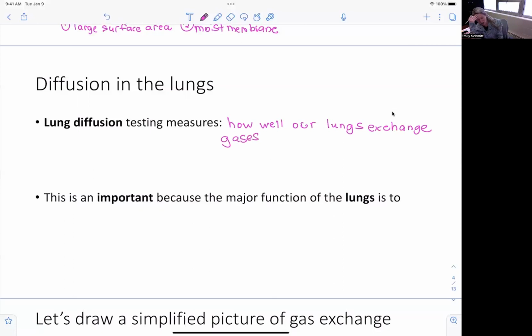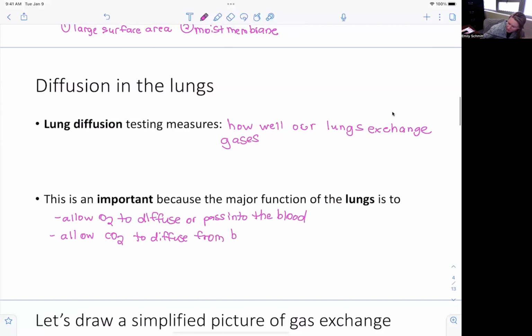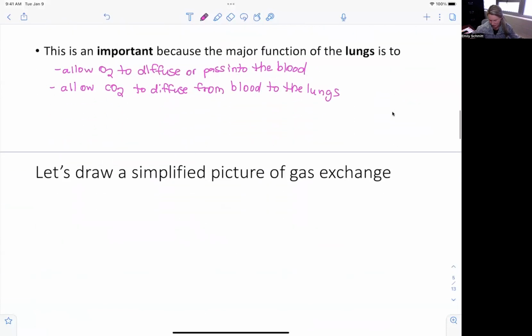And this is important because the major function of the lungs is to allow oxygen to diffuse or pass into the blood and allow carbon dioxide to diffuse from the blood back to the lungs. And we're going to draw some visuals and really show this in this lecture.